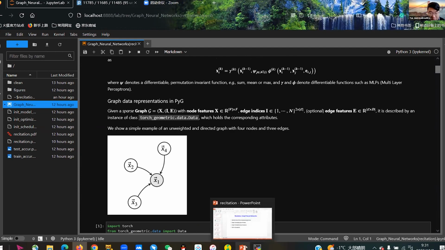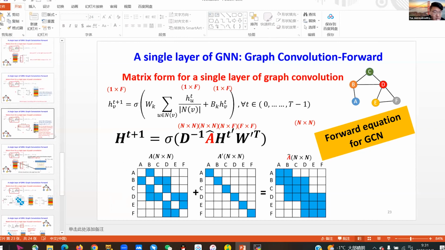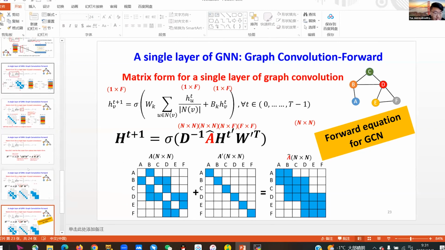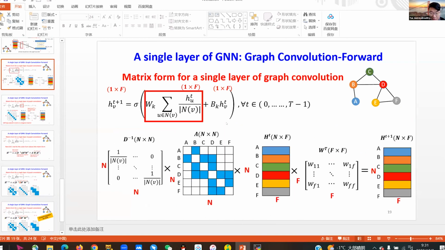As we can see in the GCN forwards, usually to represent a graph, we need an adjacency matrix and a node feature matrix. But practically, for the node feature matrix, there's no problem using it to store graph information.